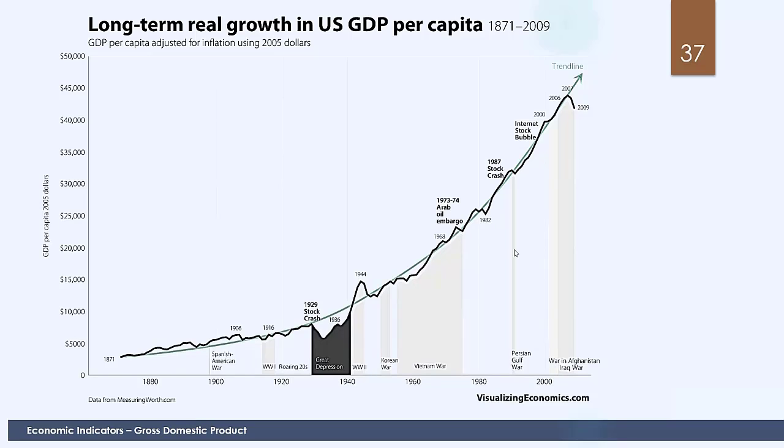And here you can also see where some of the major recessions occurred in previous decades in the US. So we have the early 80s, the 1987 stock market crash, the internet stock bubble, and then we have the financial crisis here in 2009.